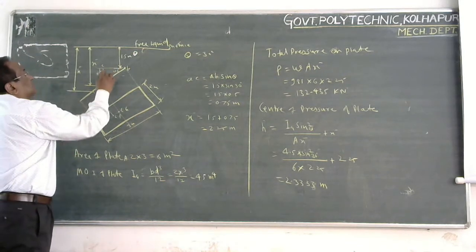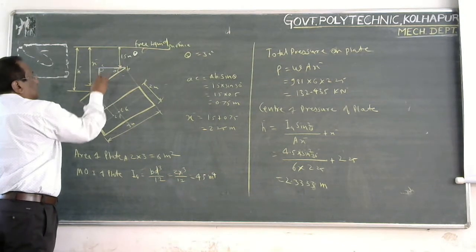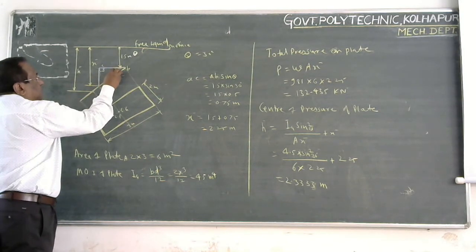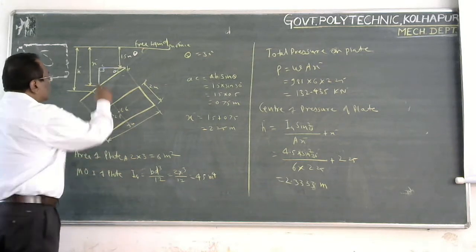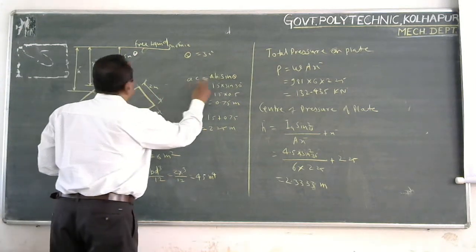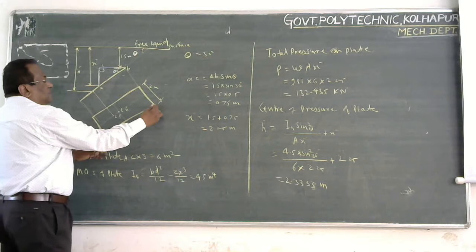So in this, we'll make a triangle here. The angle ACB is 90 degrees and this angle is theta, which is 30 degrees, as given to us. So in this triangle, AC is equal to AB sin theta. AB is half of this distance.